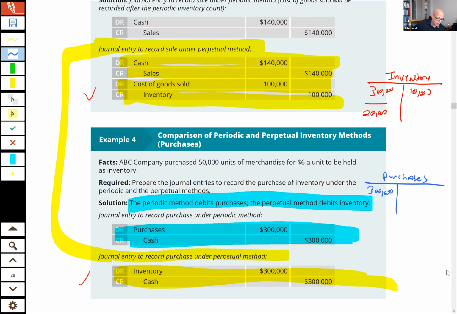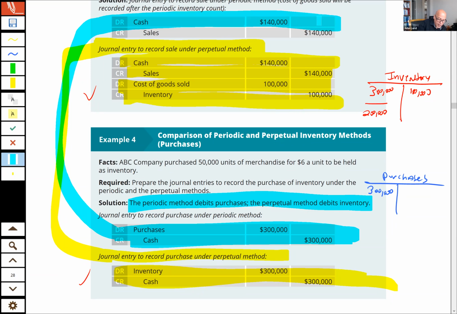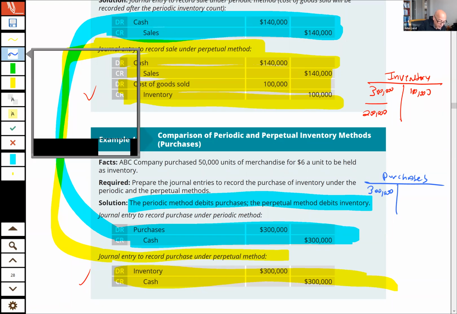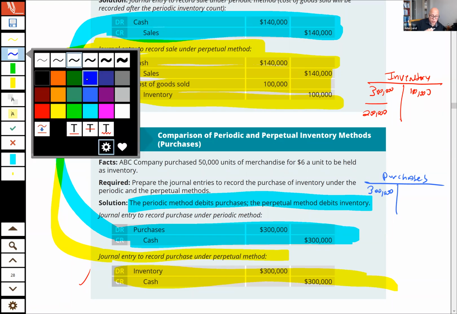So even though here they show you when you make the sale, you debit cash, you credit the sales, I am going to have to adjust by year end to say, well, what's my inventory balance now? So the two methods give you the same answer. It's different roads to the same outcome.